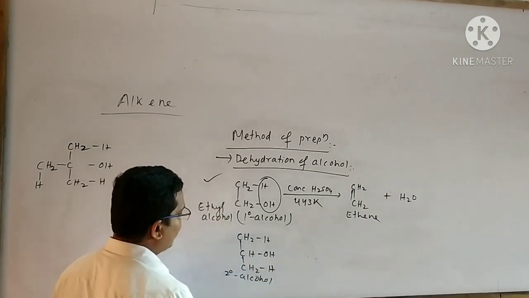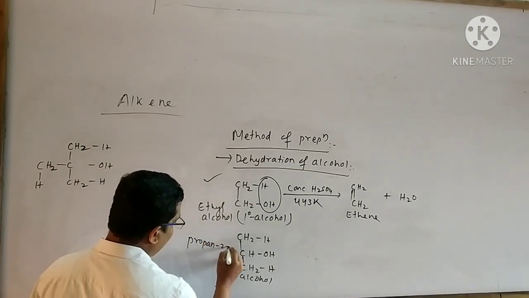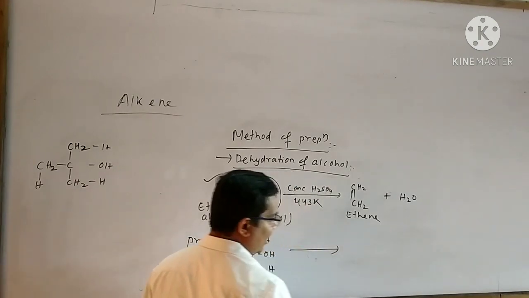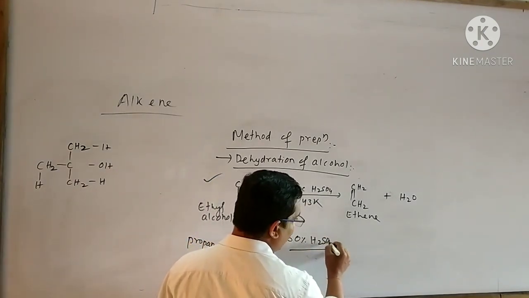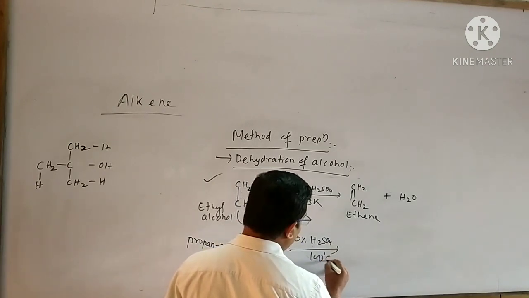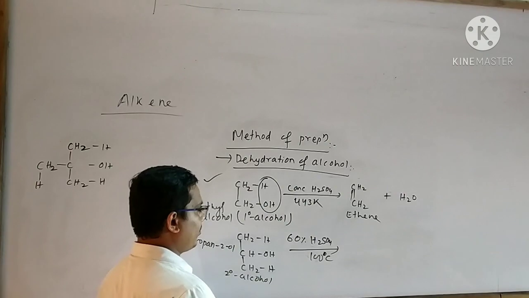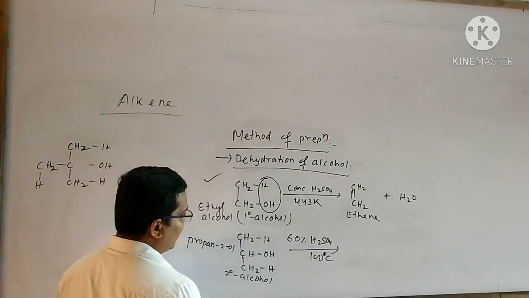The name of this compound is propan-2-ol. When propan-2-ol is subjected to reaction with 60% H2SO4 at 100 degrees centigrade, then what will happen? There is a loss of water molecule, which acts as a byproduct. Look at that.